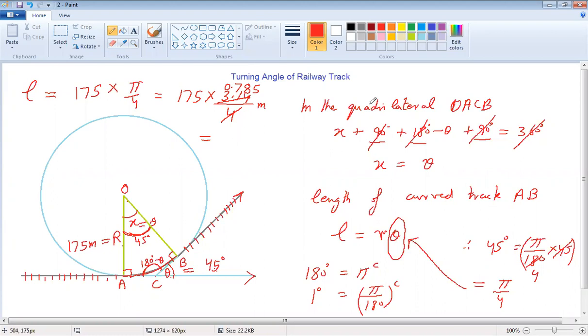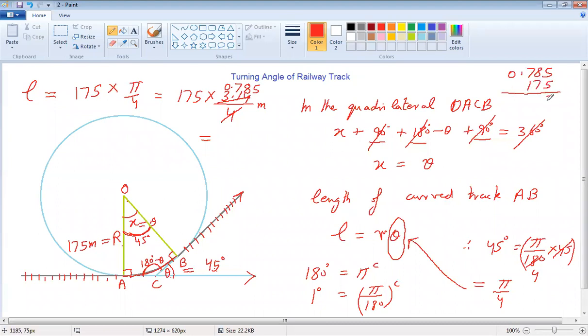So this is equal to 175 multiply by, let us do the other way, 0.785 multiply by 175.